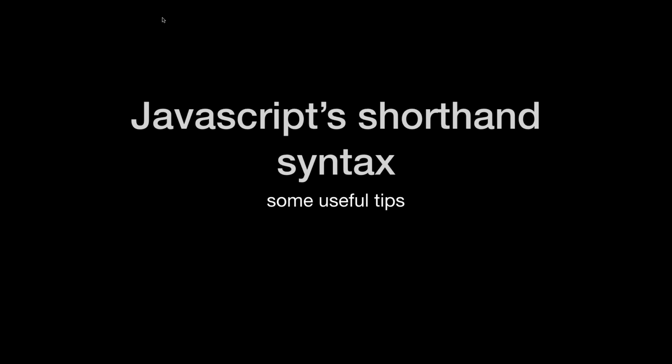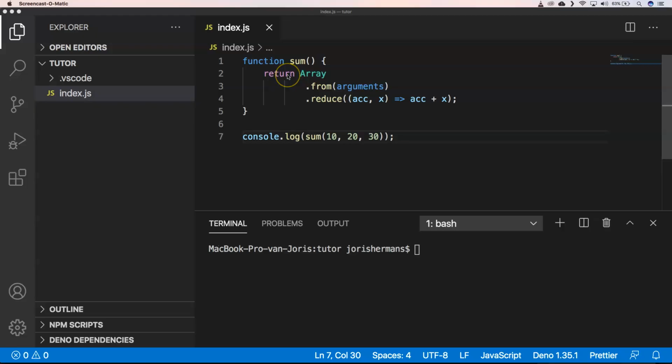Today I want to talk about JavaScript's shorthand syntax, some useful tips that I can share with you to write better JavaScript. So back in the days you could find some code that looked like this before ECMAScript 6 was there. We had some sum and you get some arguments, and with the arguments here you can get what is being provided right here.